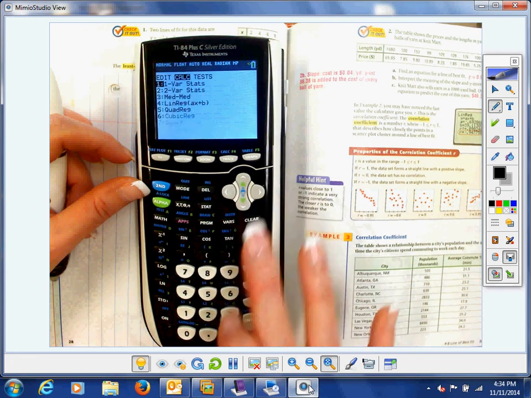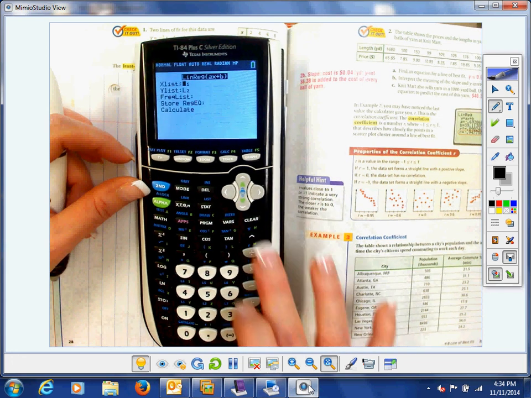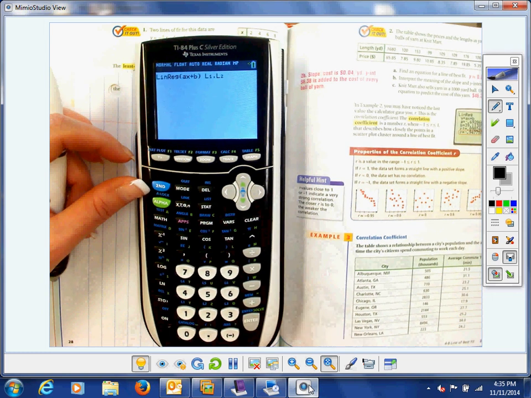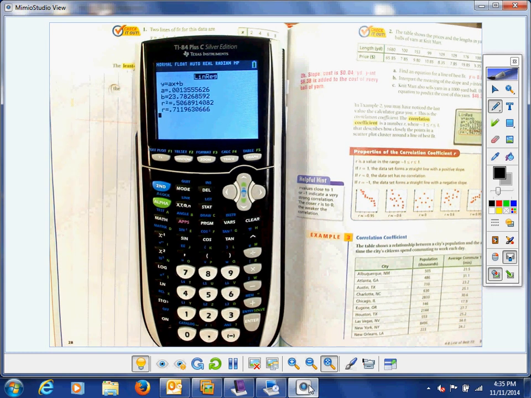Stat, calc, 4, and then we want to go to calculate, enter, and there's our equation, okay? So it's really important that you are looking and just writing down in that space. I'll flip back to the other page in just a second. Let's round that to 2 decimal places.